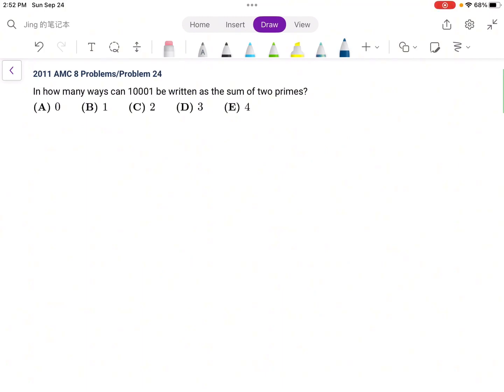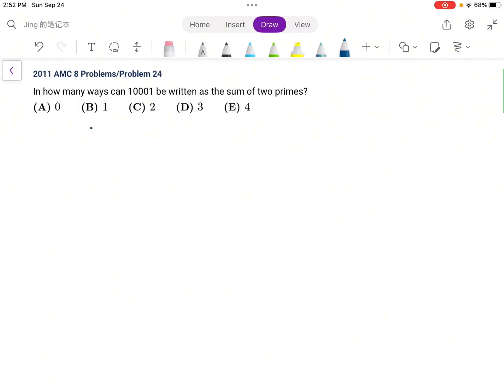Problem 24. Because 10,001 is an odd number, if it's a sum of two numbers, one of the numbers has to be an even number. And out of all the prime numbers, only 2 is an even number.